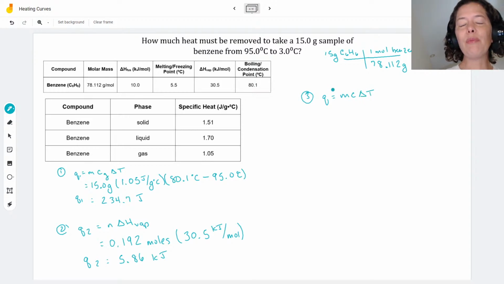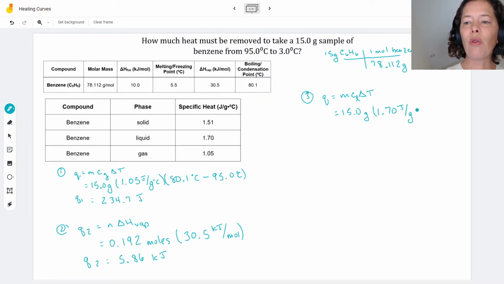And in this case, because I'm in the liquid phase, I need to make sure that I use the specific heat for the liquid. All right, so I still have 15 grams. My specific heat for benzene in the liquid phase is 1.70. Again, that is joules per gram times degrees Celsius.